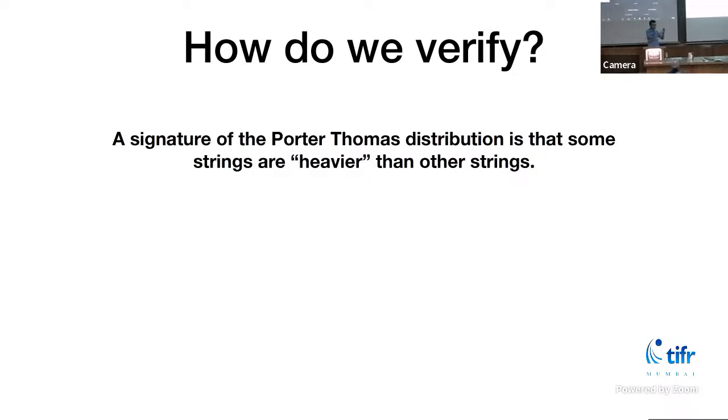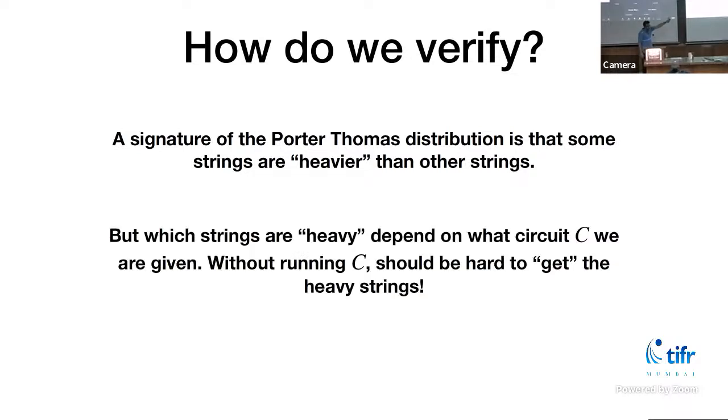There's a slight bias from the fully flat distribution. And which strings are heavy just depends on what circuit I sampled randomly. Nothing else. So without running the circuit, it's not clear how to decode those heavy strings.